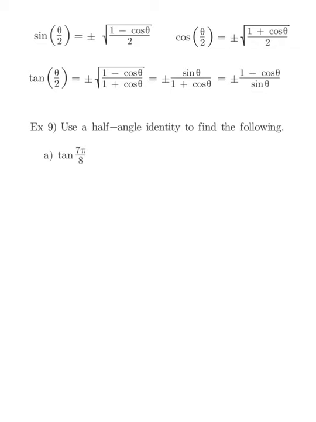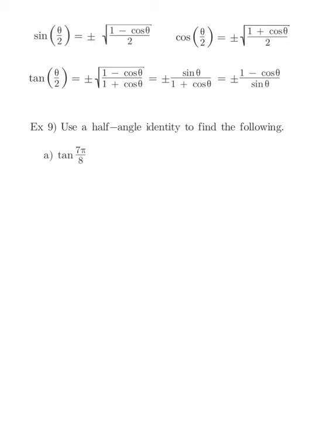Now that we have been given our half-angle identities, we're going to use them to find values for our given functions. On A, we have the tangent of 7 pi over 8. The first thing you have to do is decide, should this be positive or should this be negative?